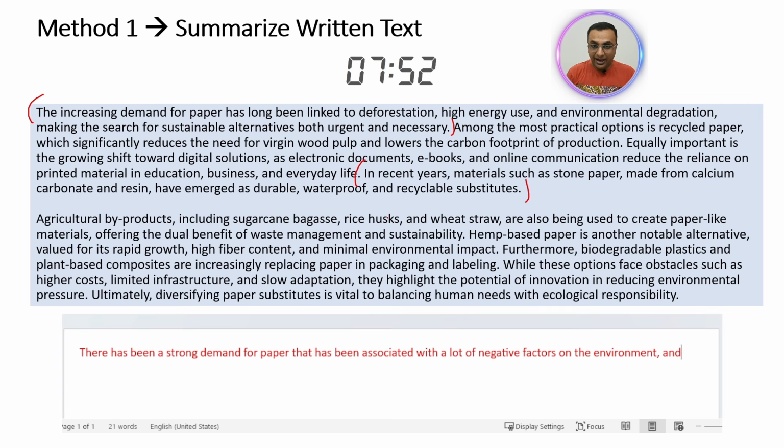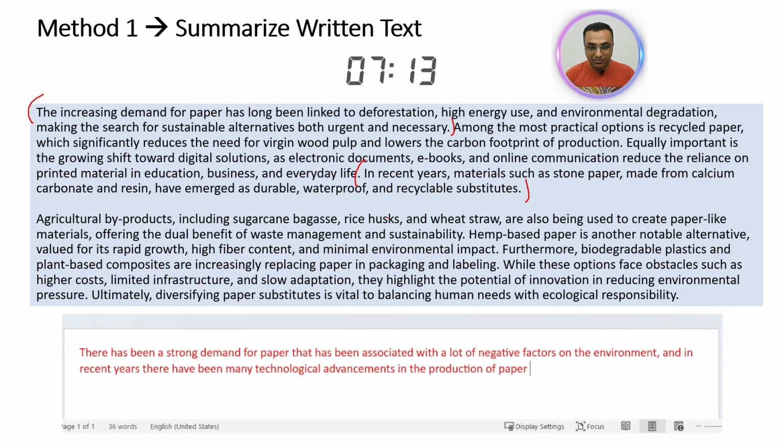Okay, and in recent years, there has been, okay, there have been many technological advancements in the production of paper.